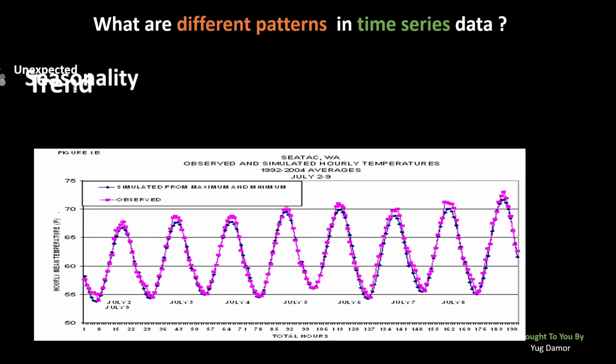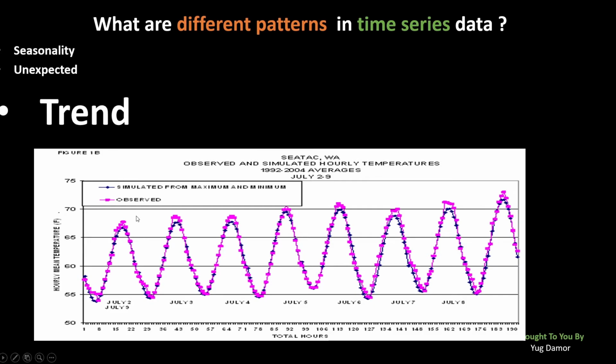Now the second one is trend. Every day in the afternoon the temperature is high, but if you draw one line over here, you can clearly see that along with the seasonality, every day the max temperature increases by some value.